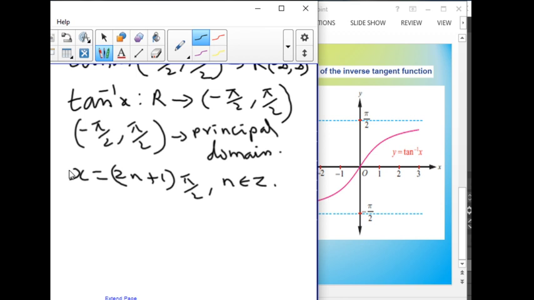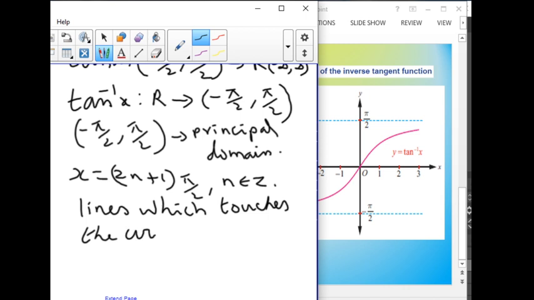Asymptotes are the lines which touch the curve at minus infinity and plus infinity.